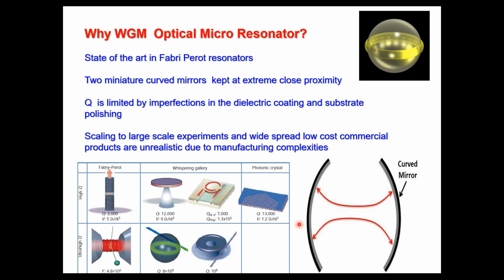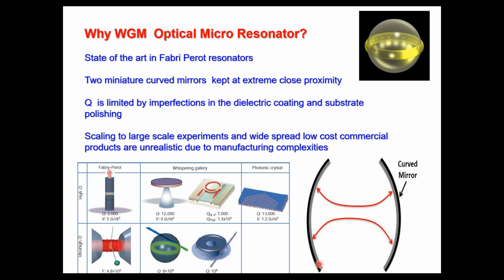It is extremely difficult. So the Fabry-Perot resonator technology is state of the art: two miniature curved mirrors kept at extreme close proximity. Here, the Q value is limited by the imperfections in the dielectric coating and substrate polishing.